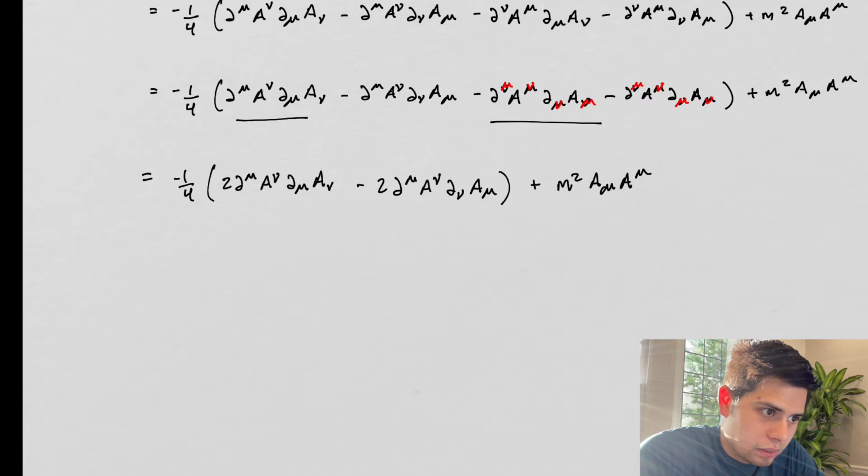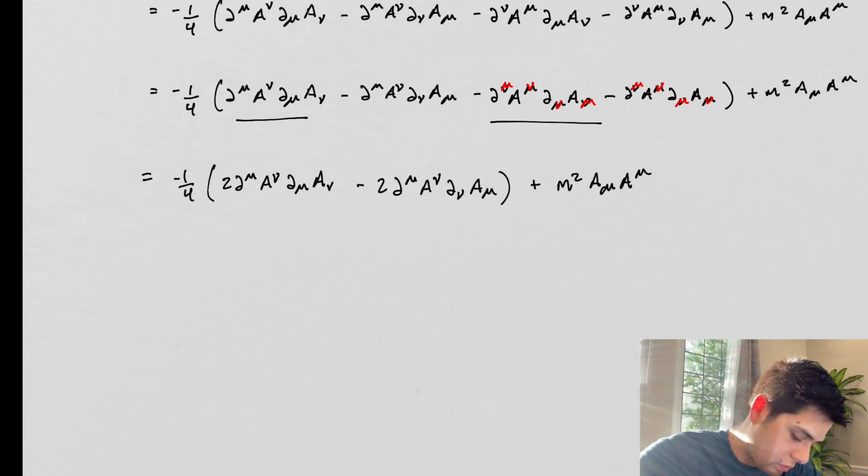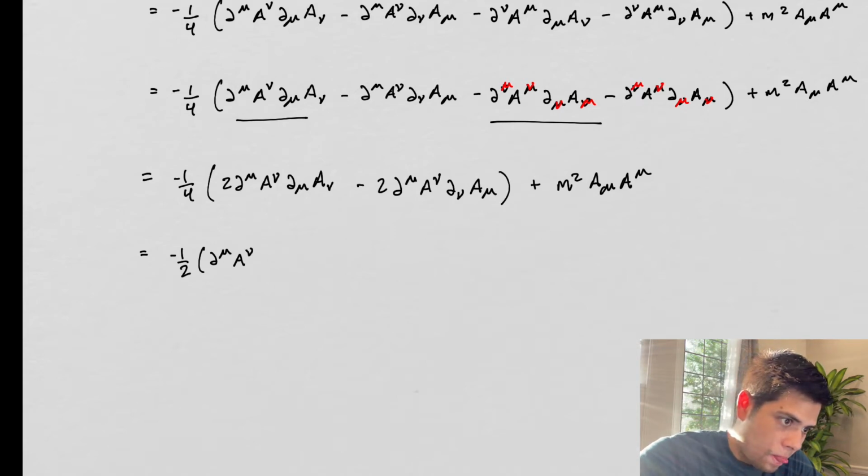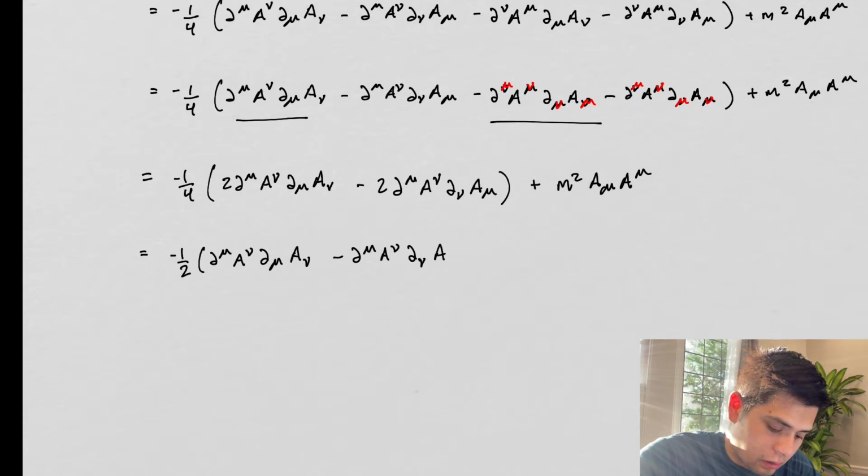And so what we get now is, see here, the 2's are going to cancel with the minus 4. And so we're going to get this minus 1/2 d mu A mu d mu A nu minus d mu A nu and d nu A mu, plus 1/2.